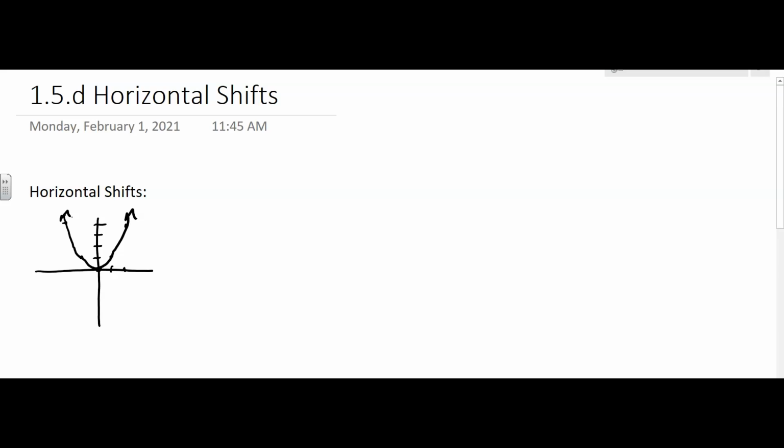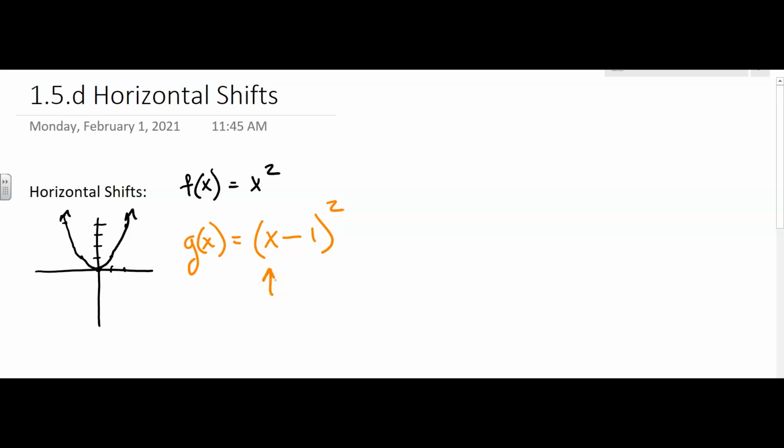Now, here's the regular one, f of x equals x squared. But now we're going to have a new function, g of x, say, and let's have it be x minus 1 squared. So what happens when I put in a value for x?